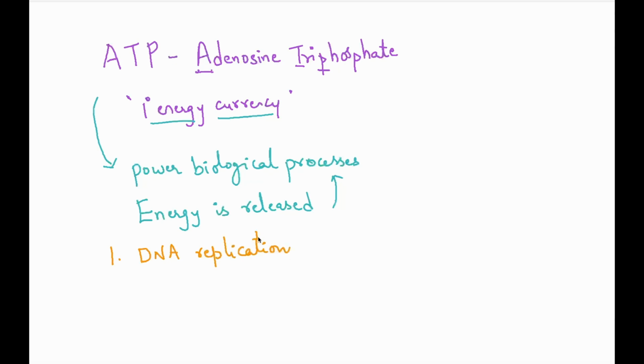As we all know, before the cells divide or undergo mitosis to form two new cells, the DNA has to be copied and a complement of DNA has to be synthesized. So, before an individual cell undergoes mitosis, DNA replication takes place wherein a new copy of DNA is synthesized, and DNA replication requires a lot of energy.